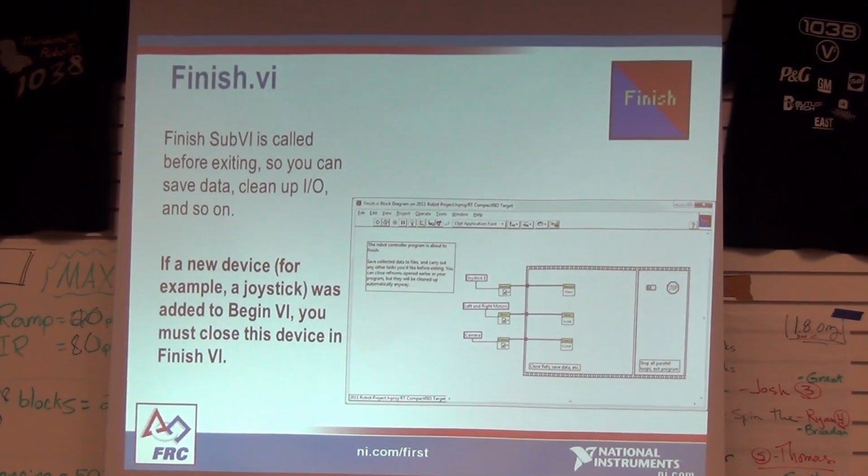So let's say you're running teleop. You've opened the references, you're using the references in teleop, but then you go and hit this stop button. Well, the logic of the program is set to, when you want to stop, there's a stop button, which will then send you to the finish VI so that you can close those references. If you hit that stop button, you're not going to close those references. It's just going to stop where it is. Okay.